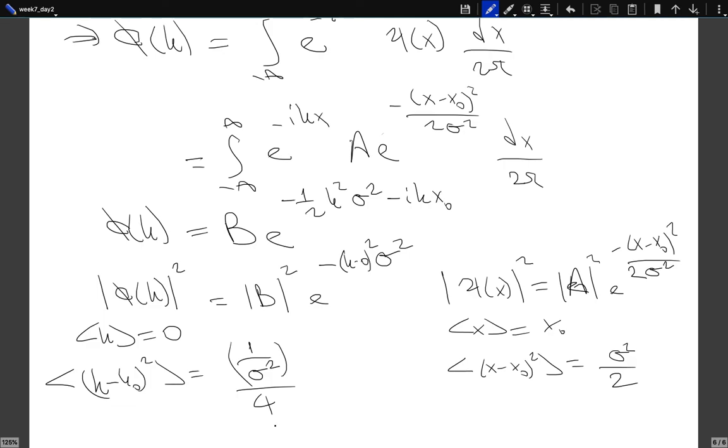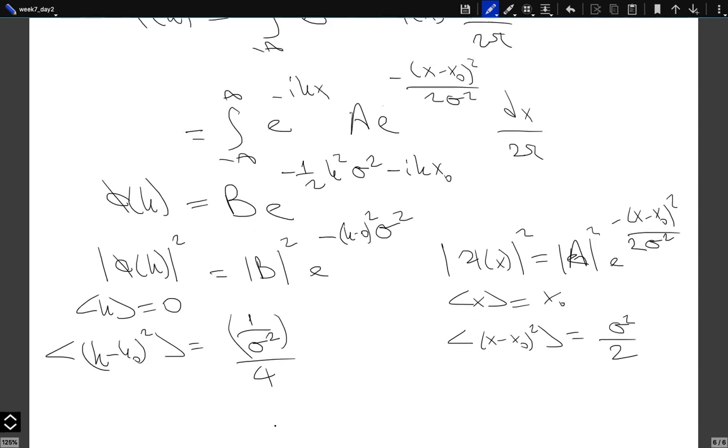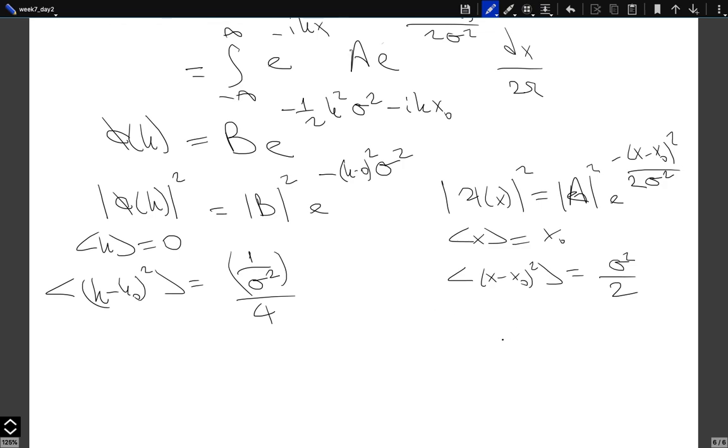You can just redo the algebra and explicitly show that these are correct. So this told me that delta x was sigma over square root of 2. Well, this tells me that delta k is 1 over 2 sigma.